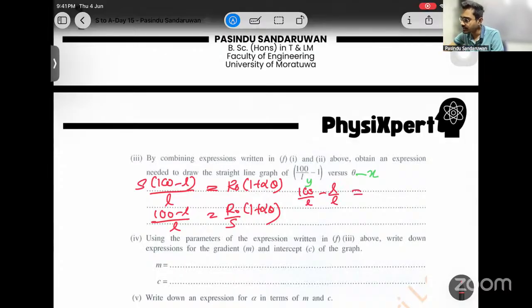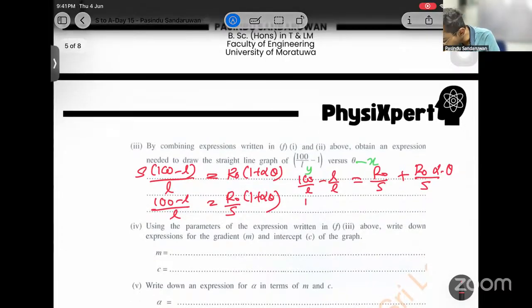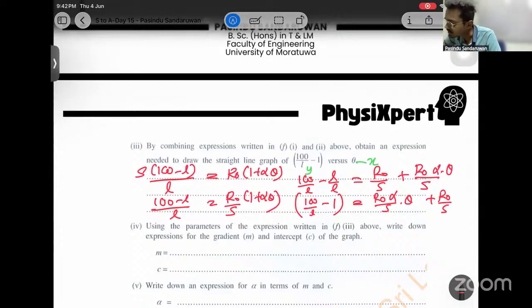And simplify the bracket on the right hand side: R naught over S plus R naught alpha theta over S. Now this is 100 over L minus 1, the variable, and x is going to be theta. Then we isolate R naught alpha over S times theta plus R naught over S.